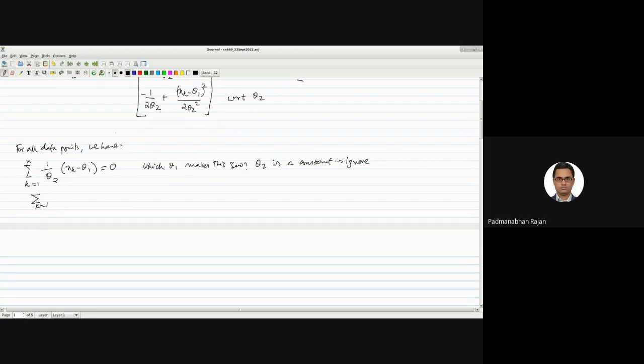Summation k equals 1 to n of (xk minus theta1) equal to 0, which will give me theta1 is equal to 1 by n sigma xk, k goes from 1 to n. This is nothing but the sample mean, which is also the maximum likelihood estimate.